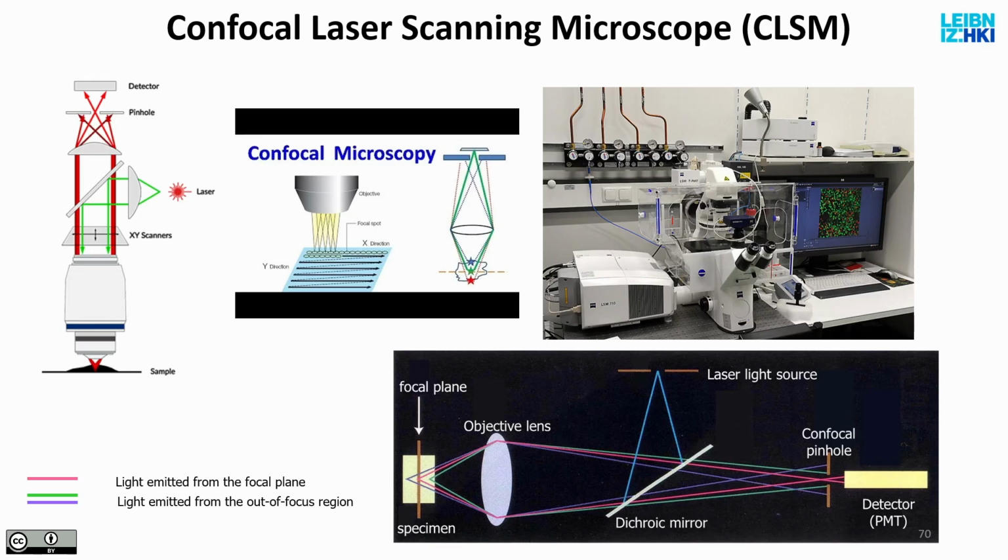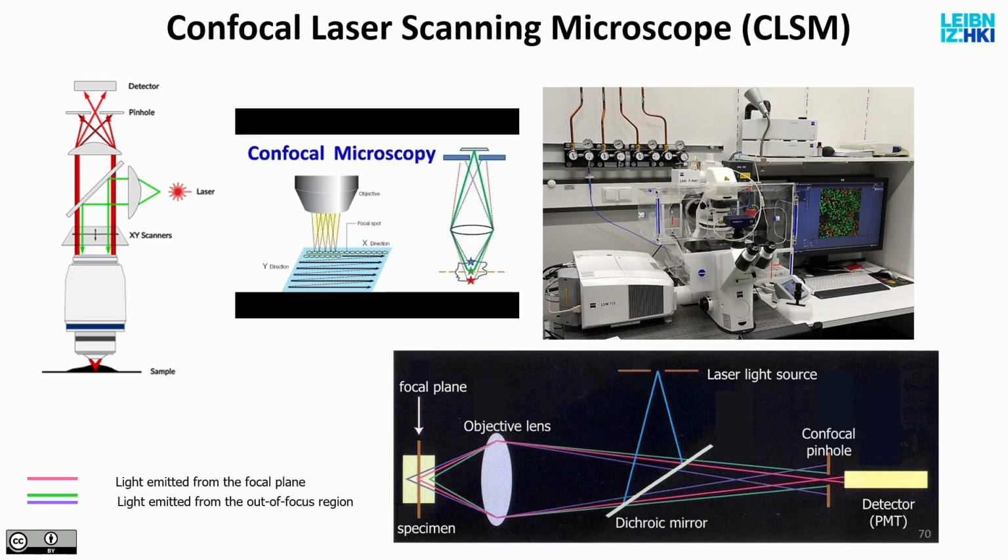So this type of confocal microscopy does not give me an analog image that I can look at. I have to process the images. I have to collect these 1 micron by 1 micron patches into one image with a computer. Otherwise, I will see one spot.